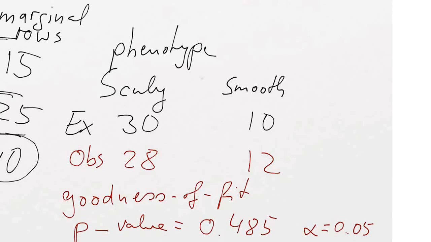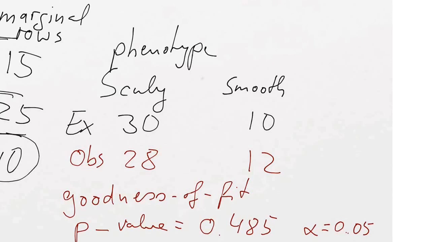So H null can stay. So there is no significant difference. Our numbers that we get here for the phenotype support our 3-to-1 ratio. So that indicates that there is a true monohybrid split between the phenotypes. That is what our calculation says.